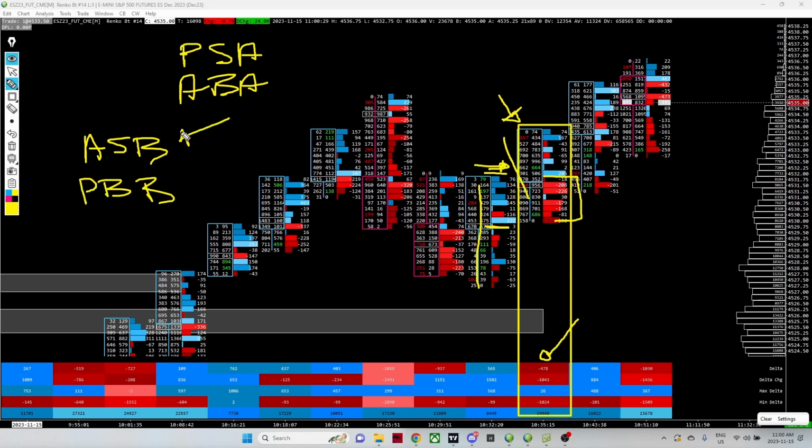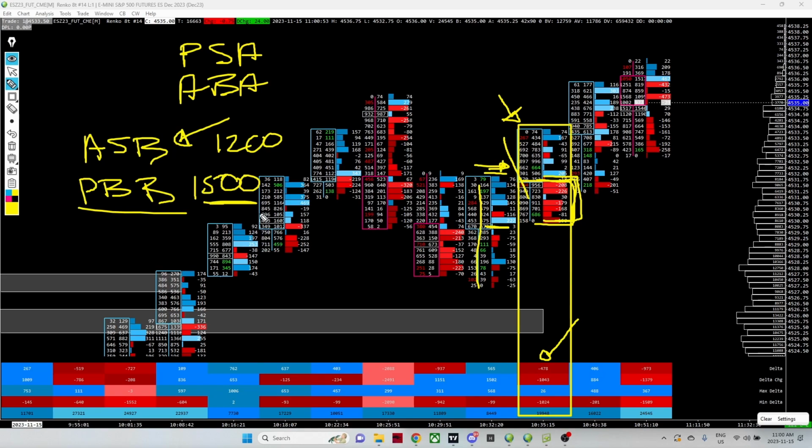Let's say aggressive sells. There was 1,200 aggressive sells at the bid in this area, right? Just in this little area right here. We had 1,200 contracts being aggressively sold at the bid. If we look at the passive buyers on the bid, what if there was 1,500 contracts sitting passively on this bid?